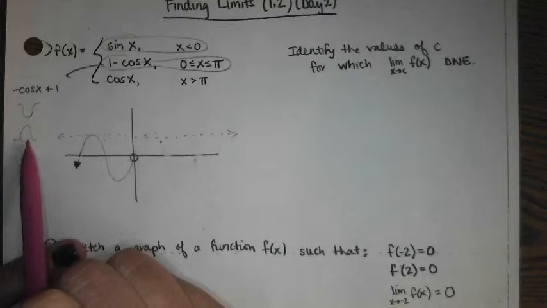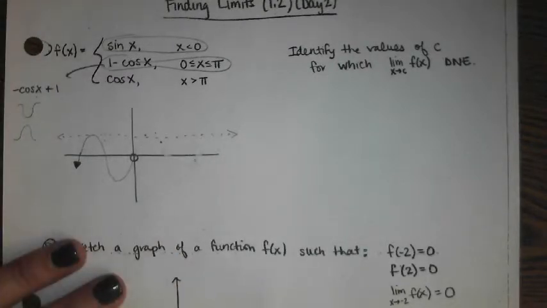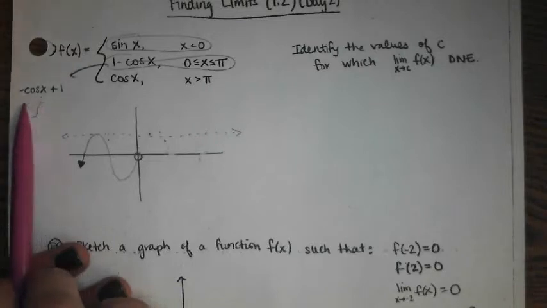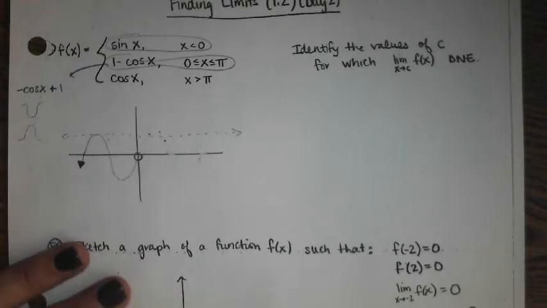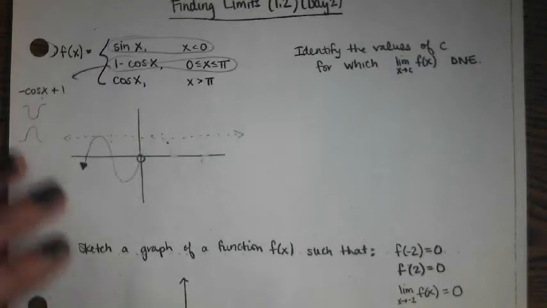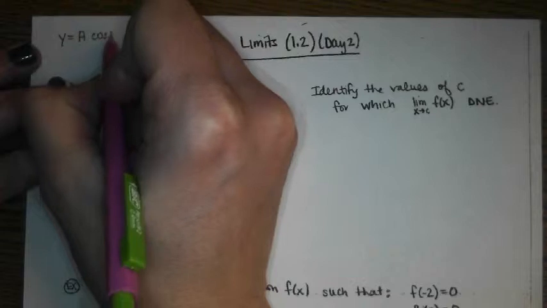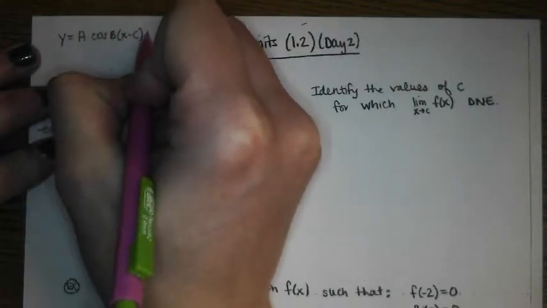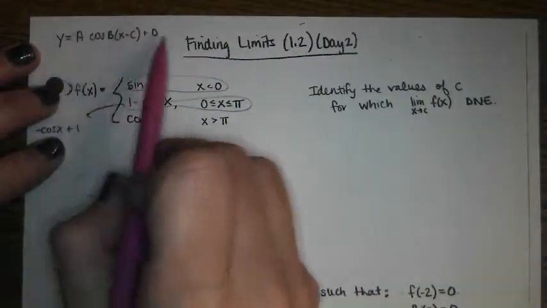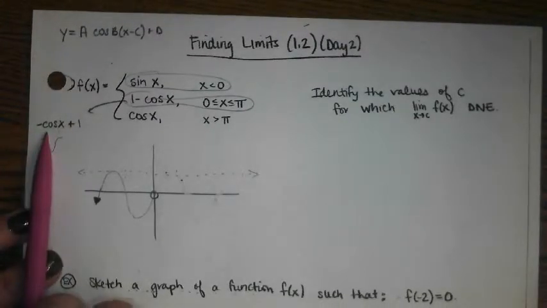And what's the amplitude of this? What's the amplitude of this negative cosine x plus 1 curve, Mitch? No, the amplitude. So your function format for trig is this right here. Which of those letters is your amplitude? A. So what's your amplitude here? 1. Exactly.